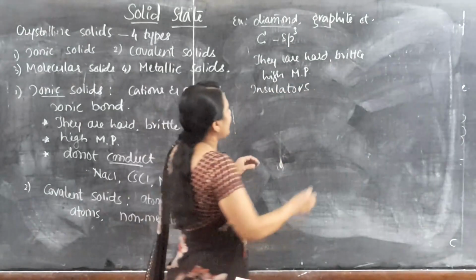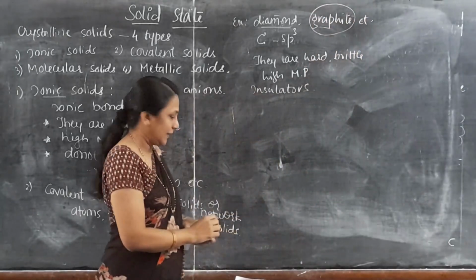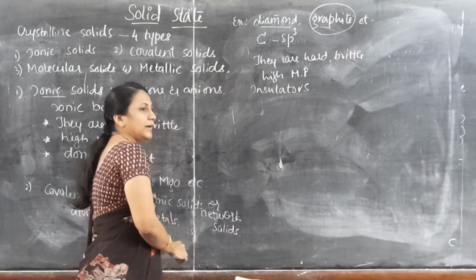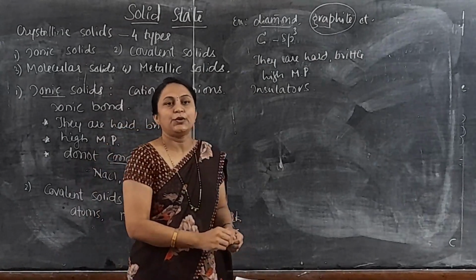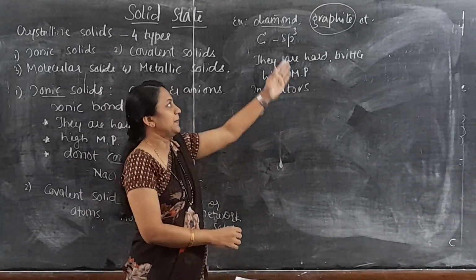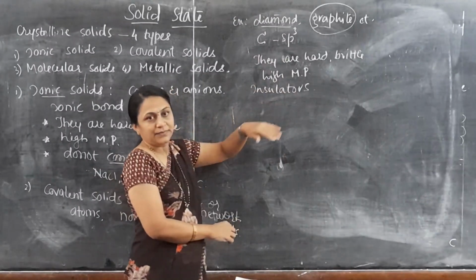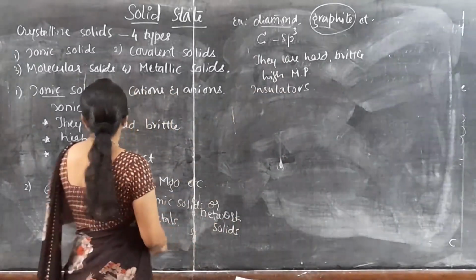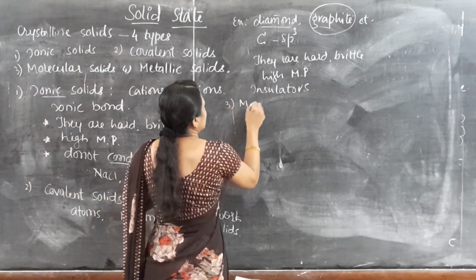But graphite is an exception, because it is a good conductor of electricity. Due to the availability of free electrons, it conducts electricity. But usually these are insulators.